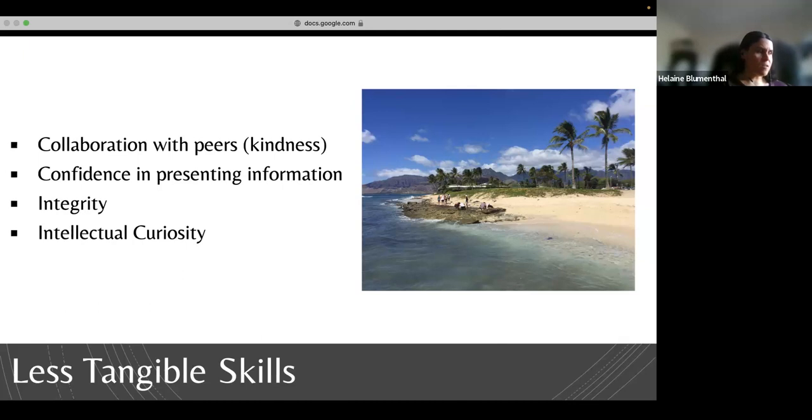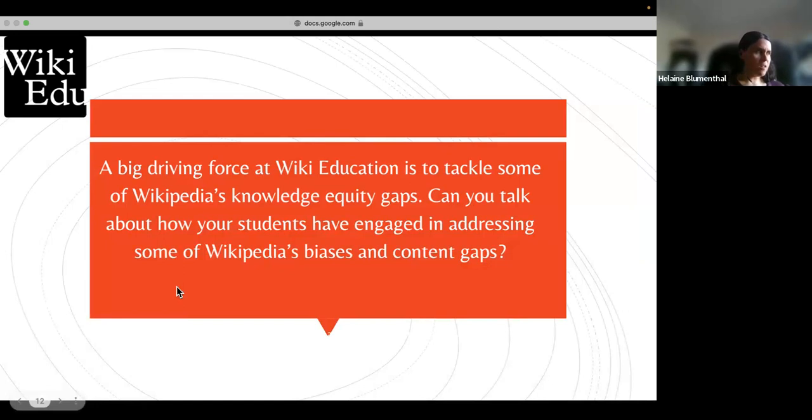And so a lot of the classes that we work with tackle these knowledge equity gaps. So filling in information about people and communities of color, people with disabilities, women, et cetera. And so I know, Natchee, your classes have dealt with this issue in particular. I was wondering if you could talk a little bit about how your students have engaged with this knowledge equity work and some of the biases that are on Wikipedia.